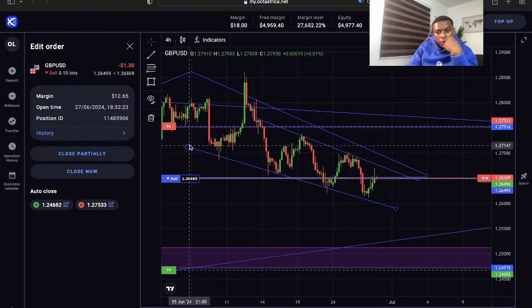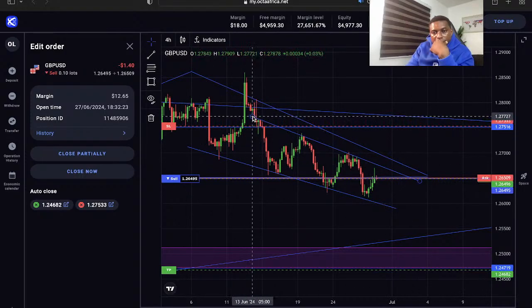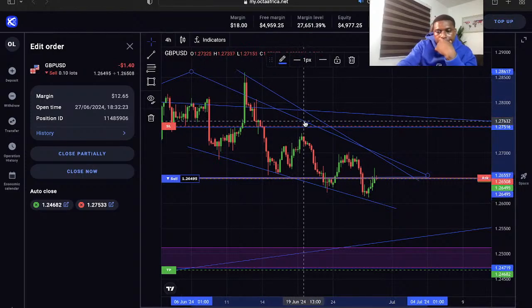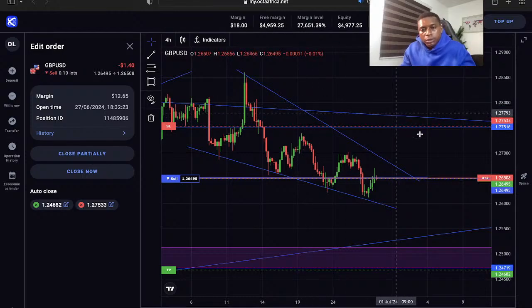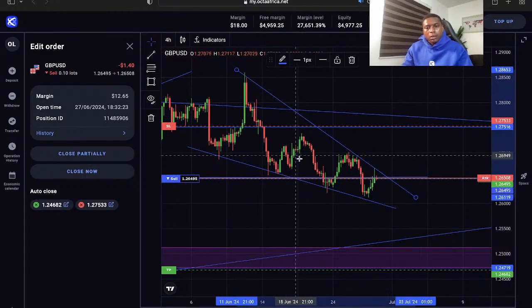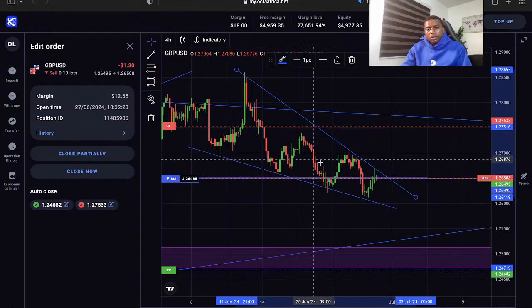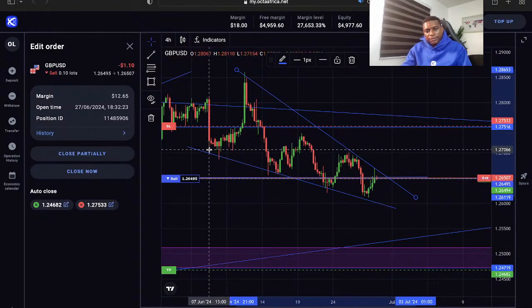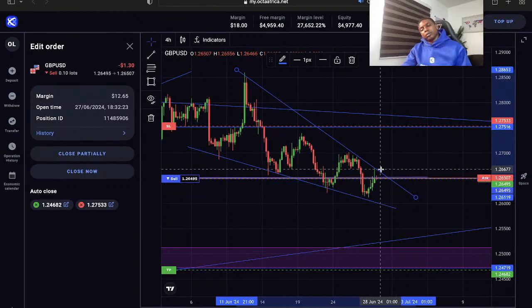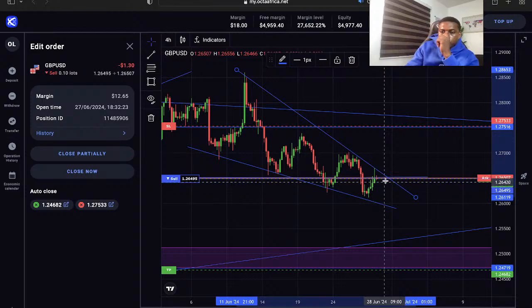Good. So we can see here now that there is a trend line. Let me take this off. So there's a trend line here, and price has been going up, down, up, down, up, down, up. So where do we expect price to go next?